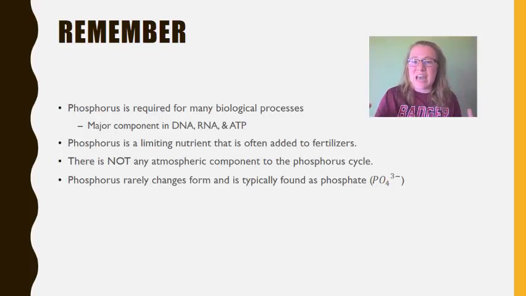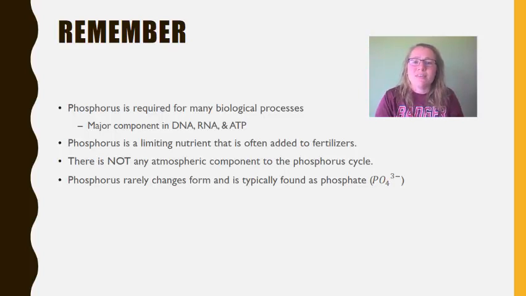That means that there's not enough of it in the environment for plant growth to take place as much as it wants. There's only so much, and that usually limits how much plants can grow and how much life can exist in a particular location. So a lot of fertilizers actually are adding phosphorus into the soil so that way plants can continue to grow more than they normally would.